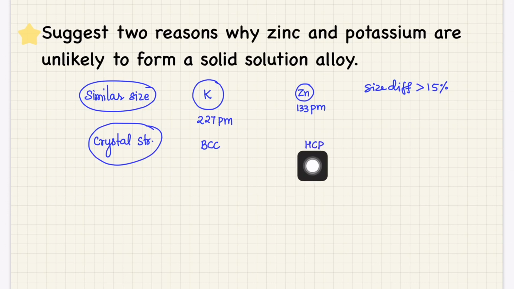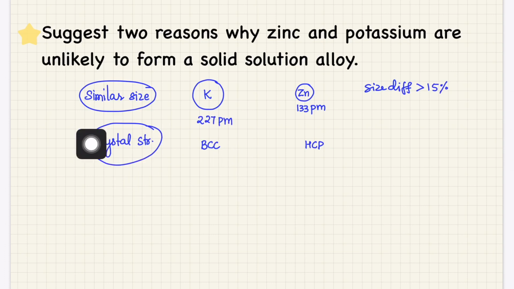It is very brittle because of the small number of slip planes. So again, it is against the Hume-Rothery conditions. That is the reason for potassium and zinc not forming a solid solution alloy.